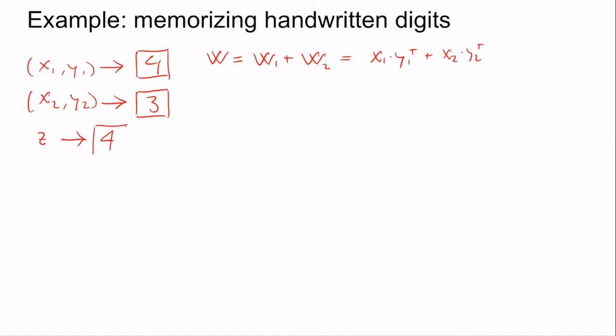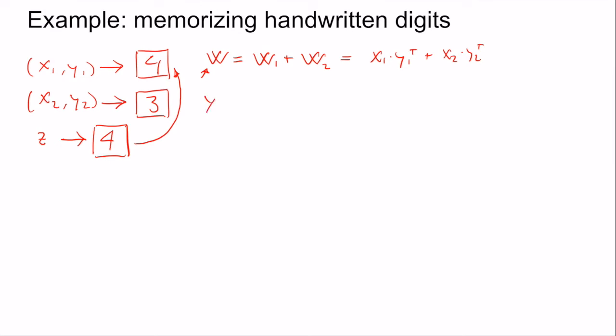Hopefully, if I feed this into my network, I should be able to recall this previous memory using this matrix of weights. So let's check that this is actually happening.